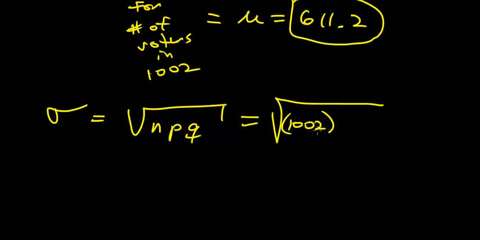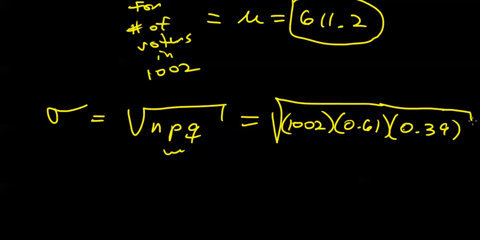You got 1,002 voters. The probability of success in any one person is 0.61. The probability of voting in any one person is 0.61. So that means the probability of not voting is going to be the complement of that, 0.39.